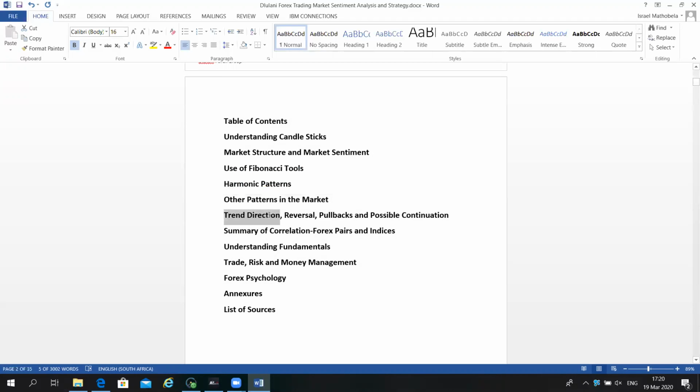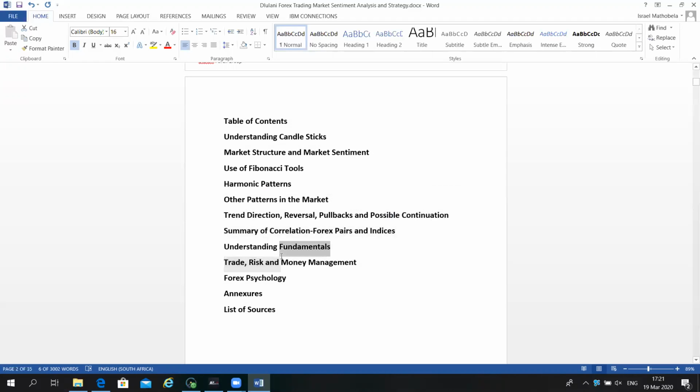Then we look at identifying trend direction, trend reversal, pullbacks of a trend, and a possible continuation of the trend, right? Then we look at the summary of the correlation of Forex pairs and indices.